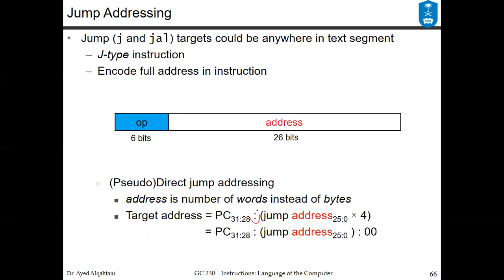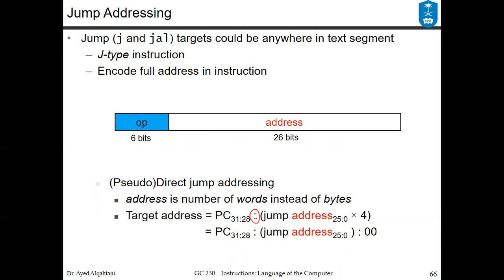And you concatenate them with the jump address, which is the 26 bits that you see in the J type instruction, so you have bits 0 to 25.